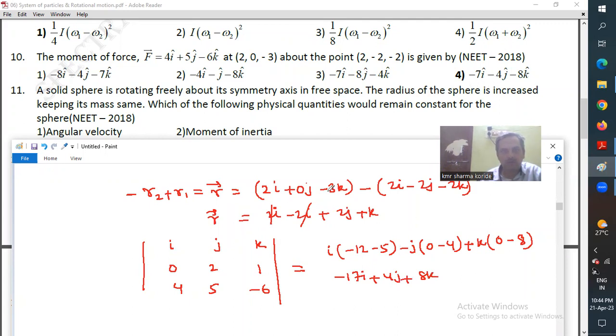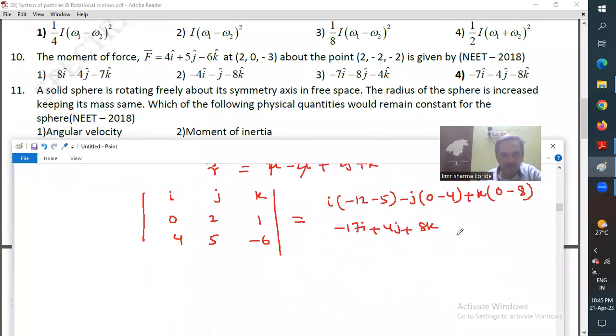So minus 17. Once again, you check this. This is minus k, because minus 3k plus 2k, so therefore it's minus k. So this is minus 1, therefore this will become plus 5. And in the case of j also, this is 0, this is going to be minus 4.